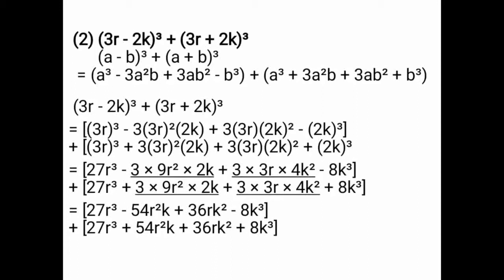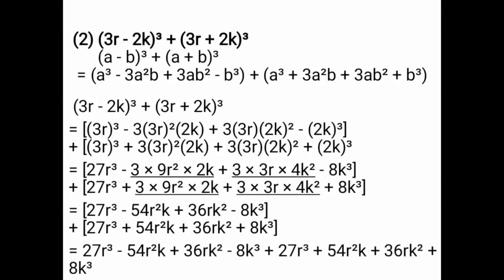Now you have to remove the brackets and you have to write this again. That is equal to 27 r cube minus 54 r square k plus 36 rk square minus 8k cube plus 27 r cube plus 54 r square k plus 36 rk square plus 8k cube.